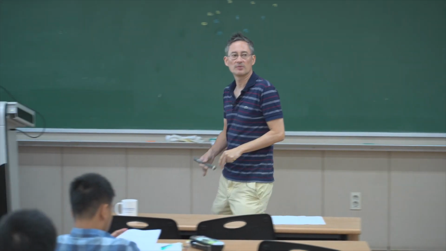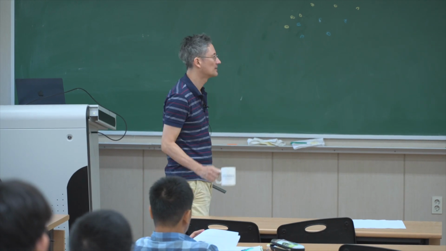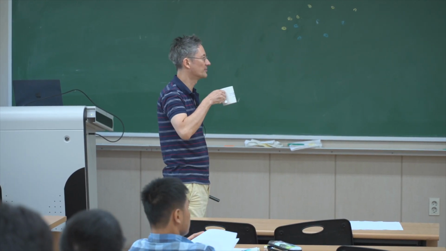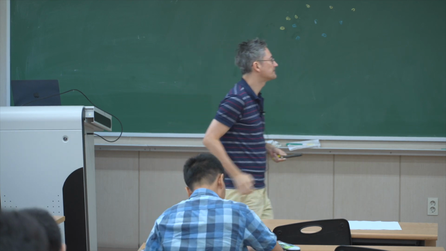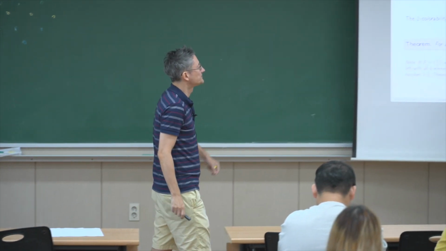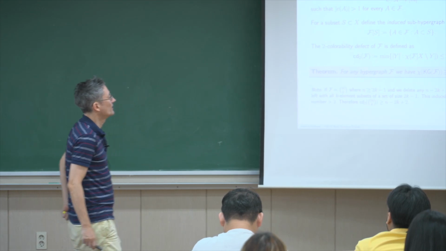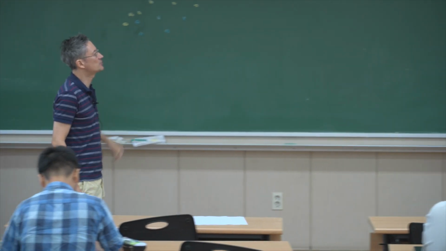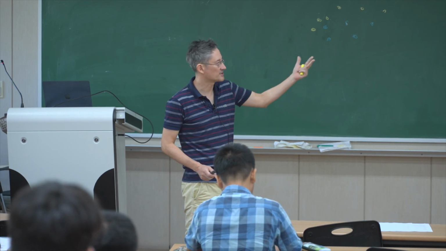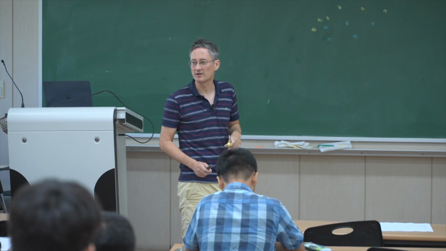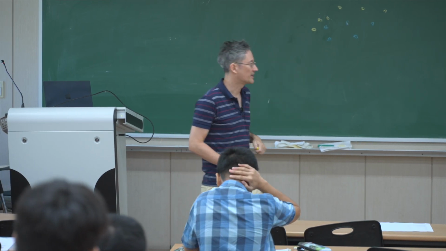And my guess is probably that can be found. I don't know what it is off the top of my head. To be honest, I don't think this two-colorability defect is a parameter that has been studied a lot. I think it was just introduced to give this generalization of the Kneser conjecture.